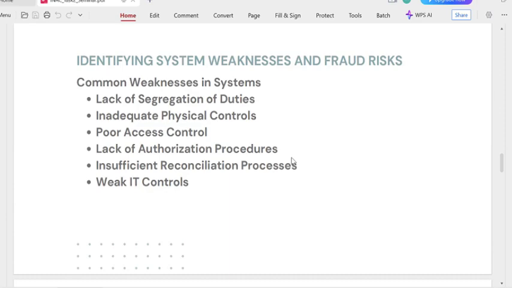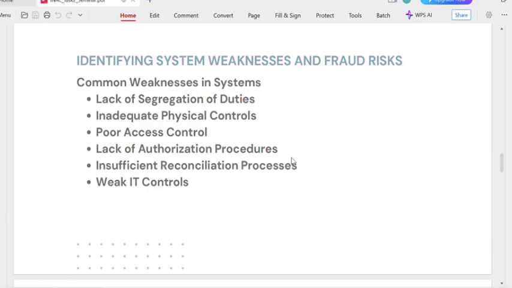Or if there is a password and all employees know the password, anyone can change the financial records without being detected. You don't know who has done it. So poor access control is when the system is accessible for everyone, either without a password or if everyone knows the password.